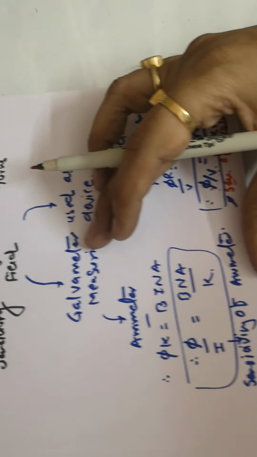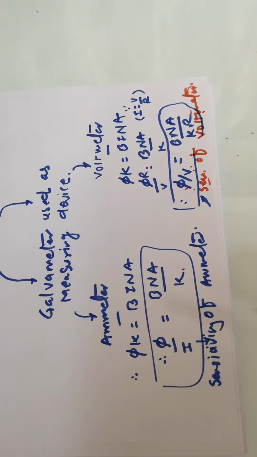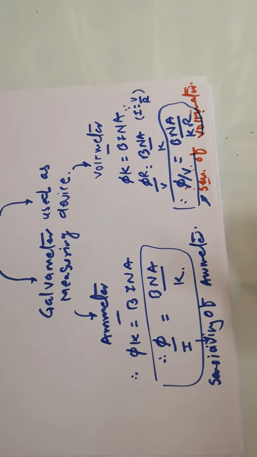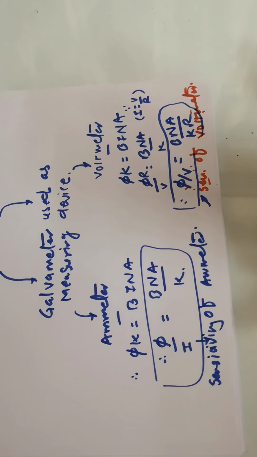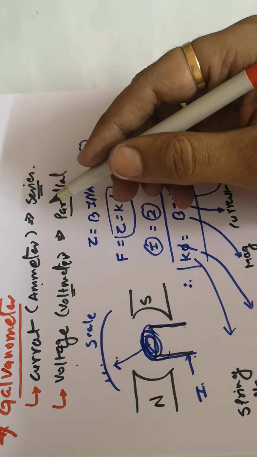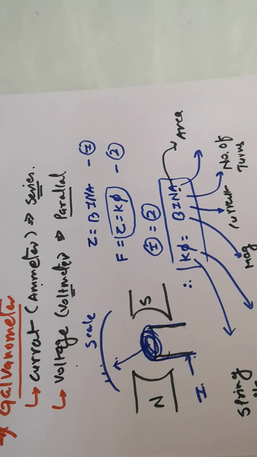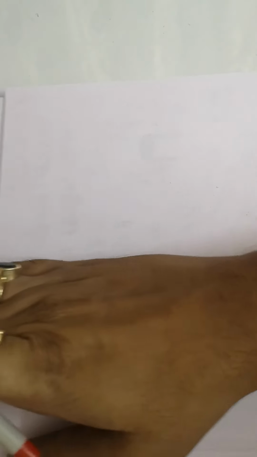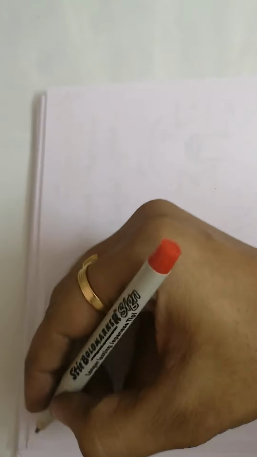So whenever you are using a galvanometer as a current measuring device or voltage measuring device, be careful about its sensitivity. First of all, calibrate it. If it has already been calibrated, then just go for such series and parallel combinations. Now there are other precautions you can also take. So I'm just taking a title: you cannot directly connect it.